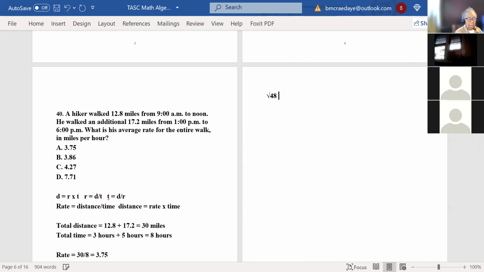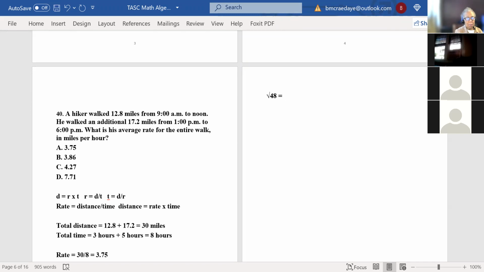Now, 48 can be divided into two radicals, and you're always trying to find one that has a perfect square root. So in the case of this one, what two factors of 48, and one has a perfect square root?